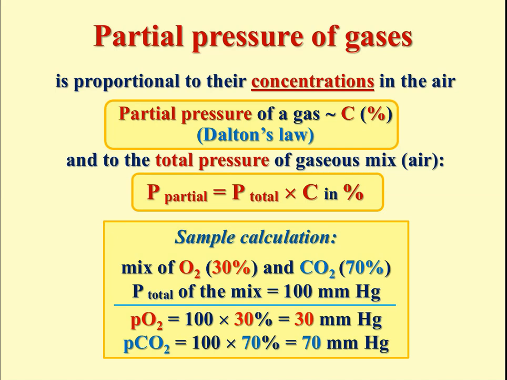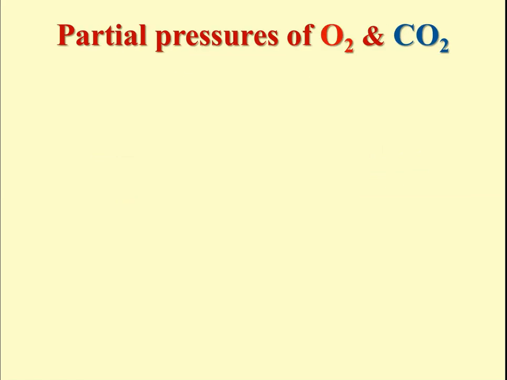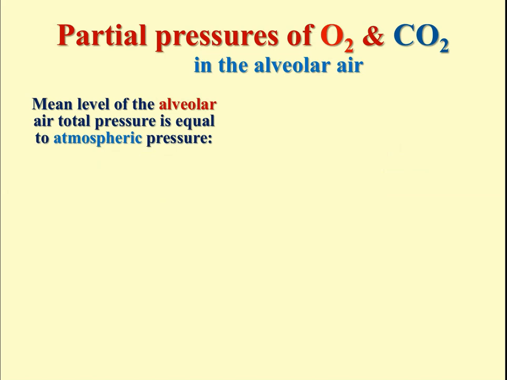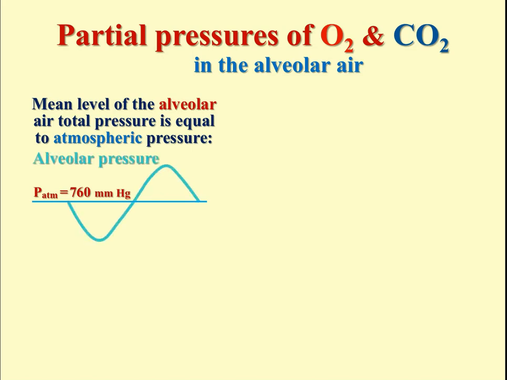Let's move to the real values for our air: partial pressures of oxygen and CO2 in the alveolar air. This is the pressure that we are interested in most of all. The mean level of the alveolar pressure is actually the atmospheric pressure. As you remember from the previous lecture, the alveolar pressure decreases during inspiration and increases during expiration.